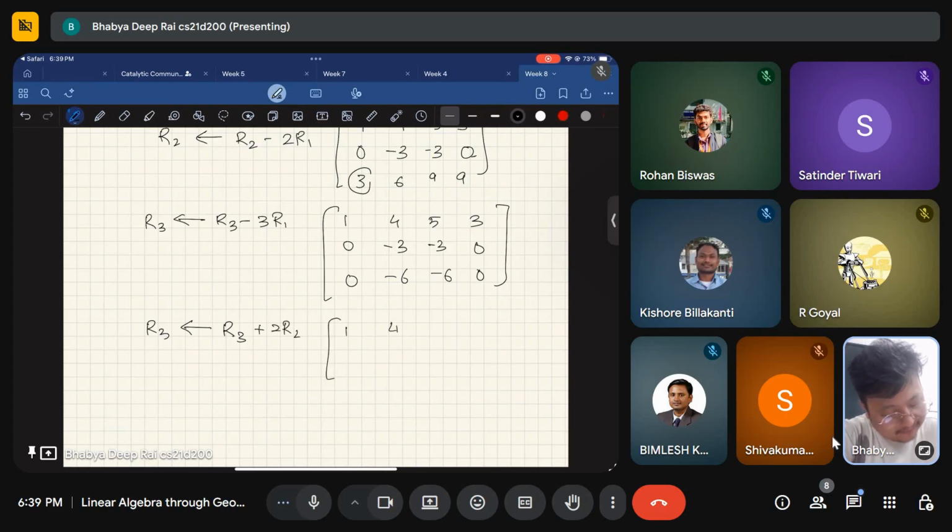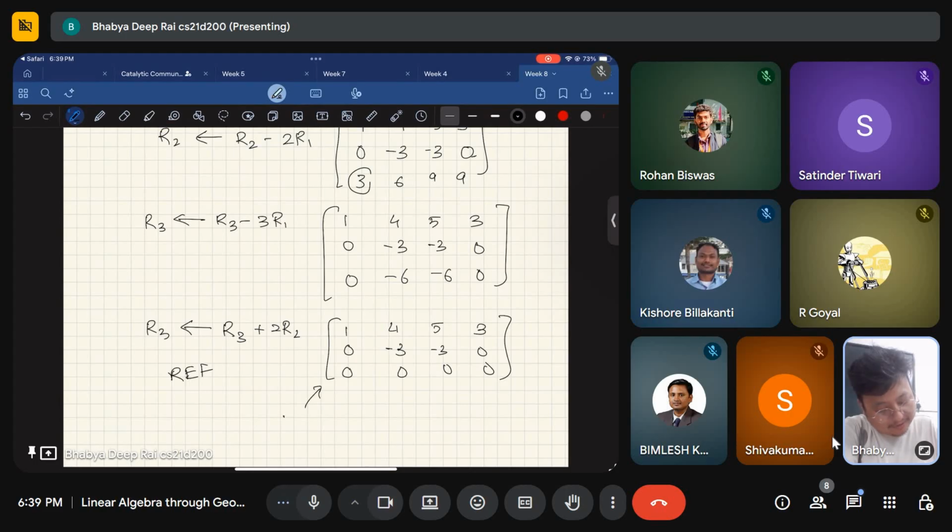Then I get 1 4 5 3, 0 minus 3 minus 3 0, and 0 0 0 0. Now this is in row echelon form. You see the staircase pattern, right? This is in row echelon form. And what do you see?